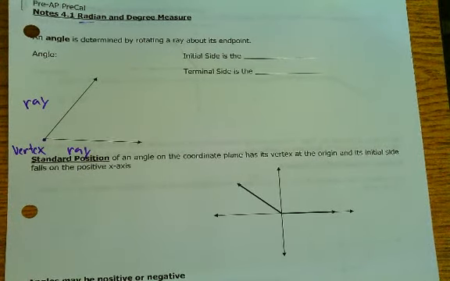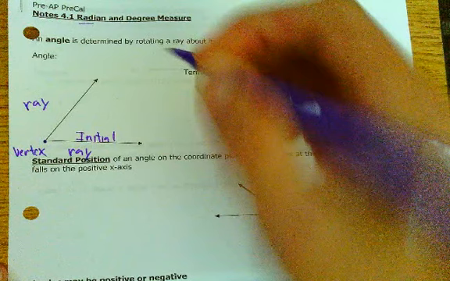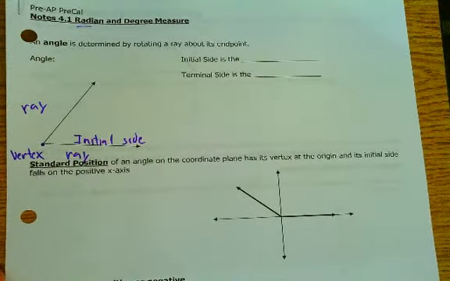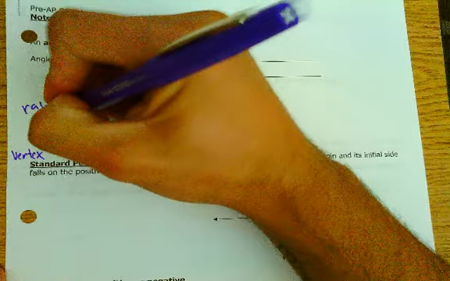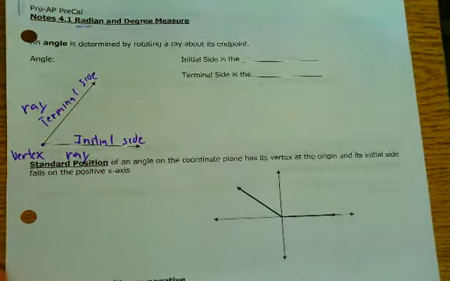Now, we're going to get a lot more specific. Each ray actually has a specific name, okay? This one right here is called the initial ray, or the initial side. And this one is known as the terminal side, or terminal ray.